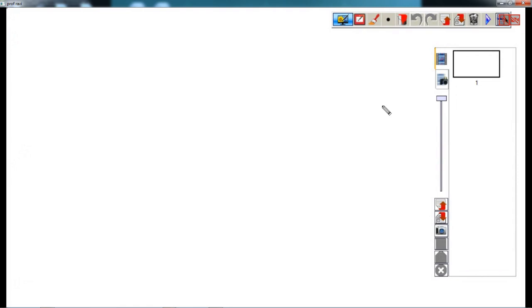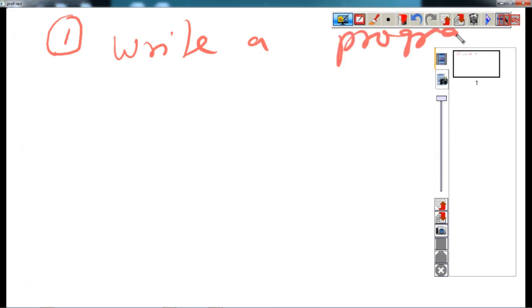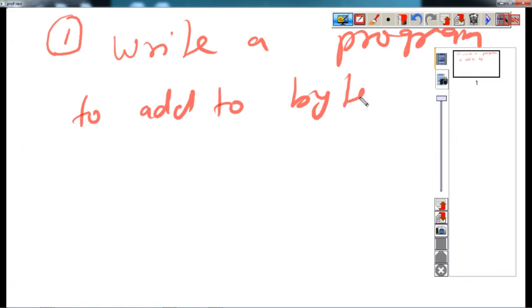Now the task is: write a program to add 2 bytes. We are going to write it as an assembly language program.